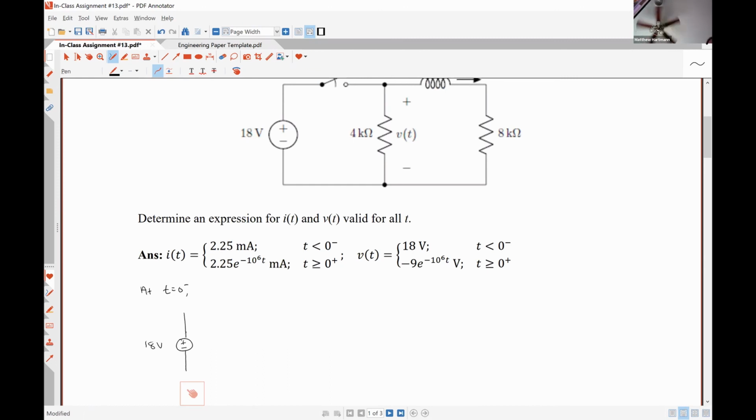Our switch is closed, so it's going to look like a short circuit. Then we have a 4 kiloohm resistor. Since we are at DC steady state, our inductor is going to look like a short circuit as well. We have an 8 kiloohm resistor here.